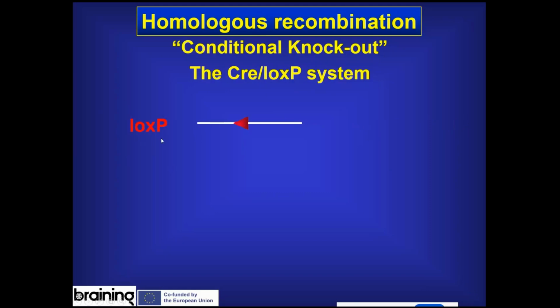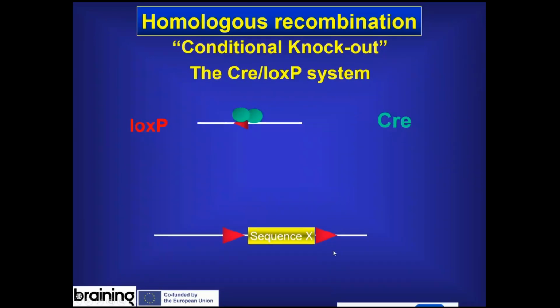So this LoxP is a small sequence of DNA which has been identified in bacteriophages, that are viruses that kill bacteria. So bacteria, to fight these viruses, invented an enzyme that is called Cre recombinase, which can recognize these LoxP sites.